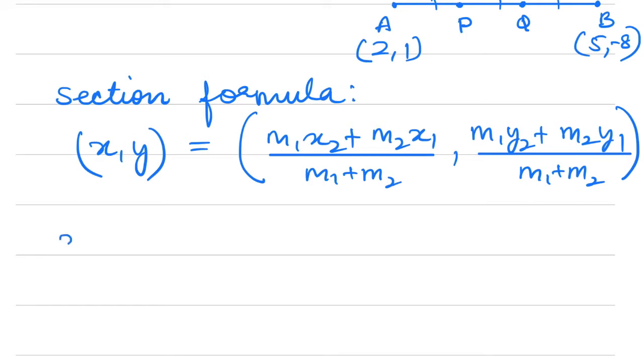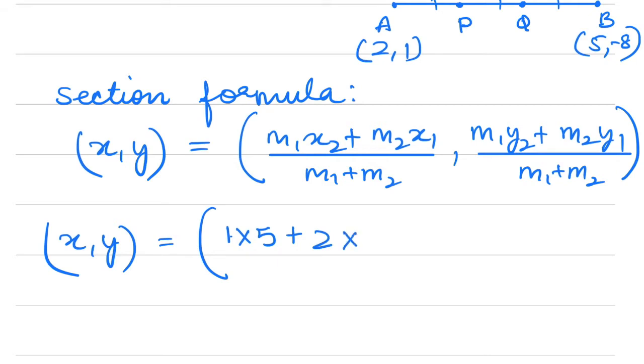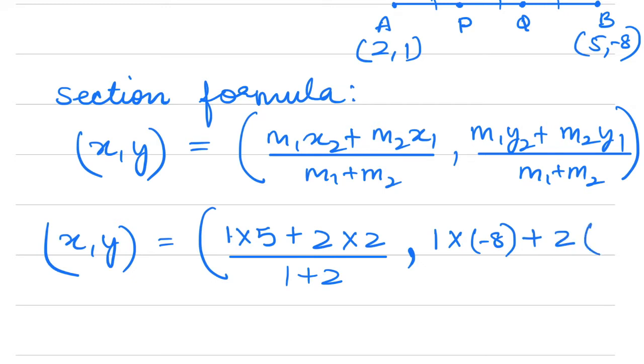So we have x, y as m1 is 1 and x2 is 5, so 1 into 5 plus m2 is 2 and x1 is 2, divided by 1 plus 2, and the y coordinate will be 1 and y2 is minus 8 plus m2 is 2 and y1 is 1, divided by 1 plus 2.